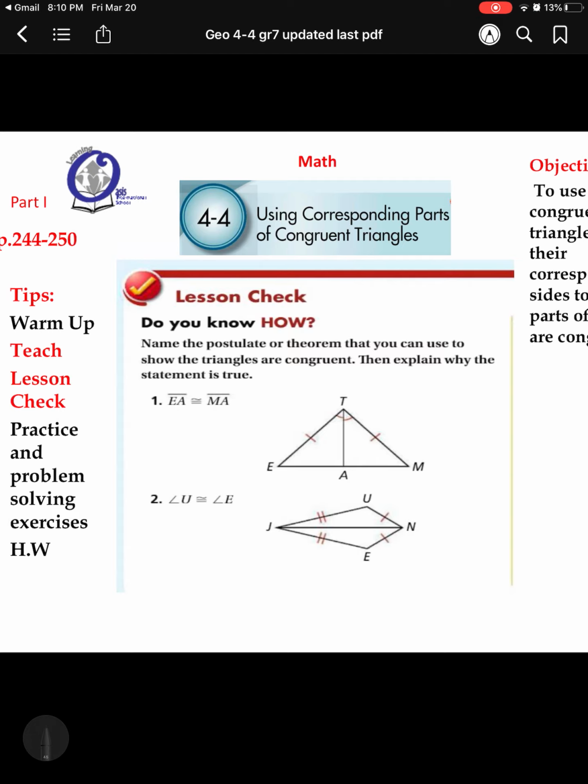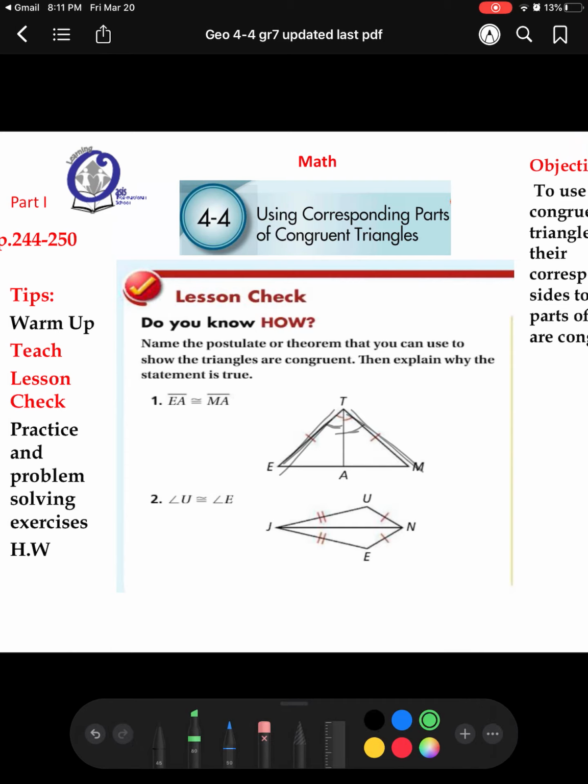He highlighted for me that this side is congruent to this side, and this angle is congruent to this angle, and I have the middle part in here. So I have side, angle, side. So they are congruent by side, angle, side.